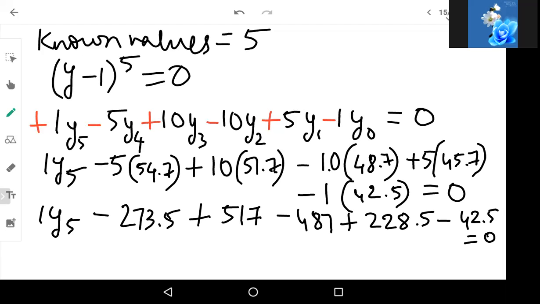Now, if you add and subtract all of these numbers, you will get 1 y5 minus 57.5 is equal to 0.